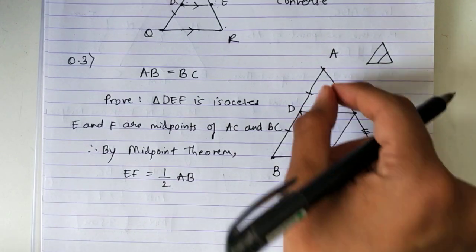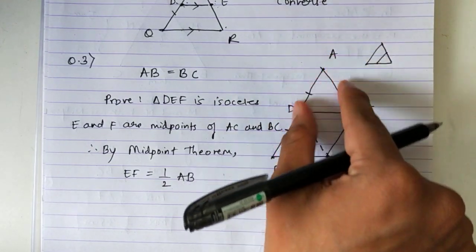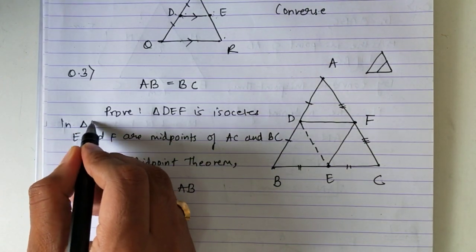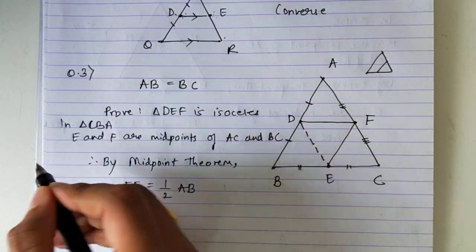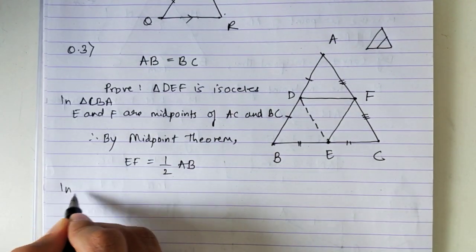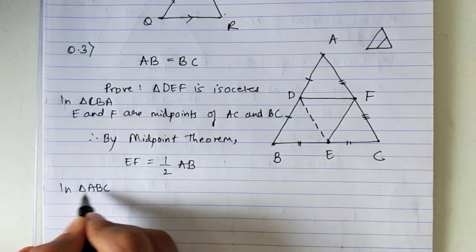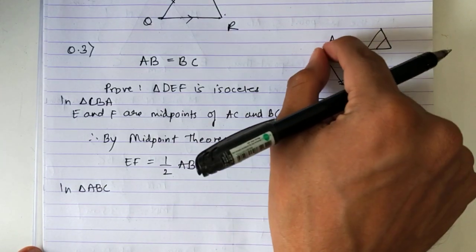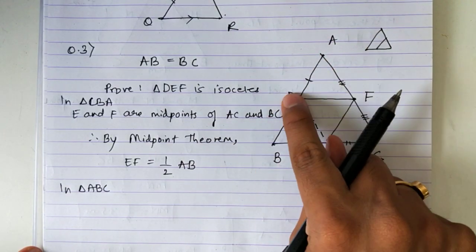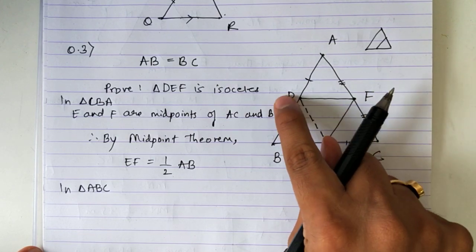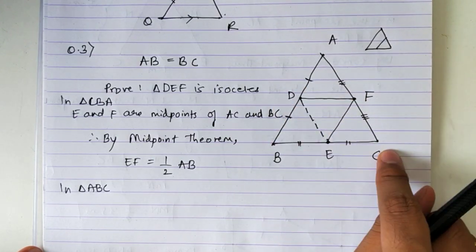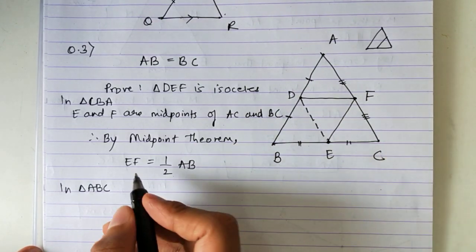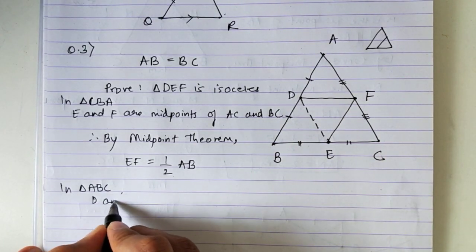Now look at this triangle like this, ABC. Here also I'll name the triangle. In triangle CBA, I'm naming it like this. Both are the same triangles, I have just changed the name for better understanding. In this triangle ABC, D and F are midpoints. So DF is parallel to BC and DF is half of BC by the midpoint theorem. I'll write the statement.